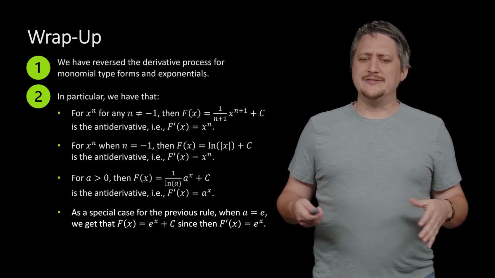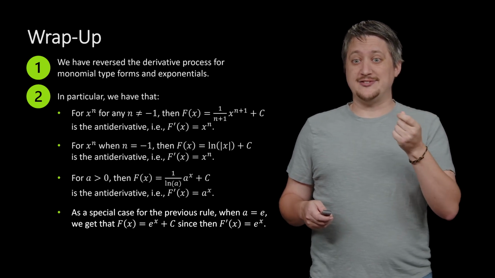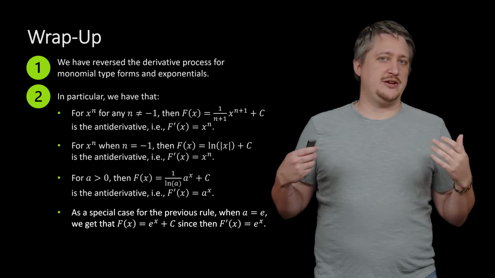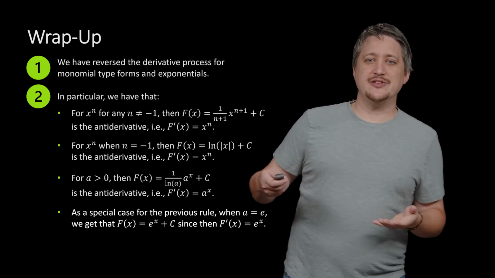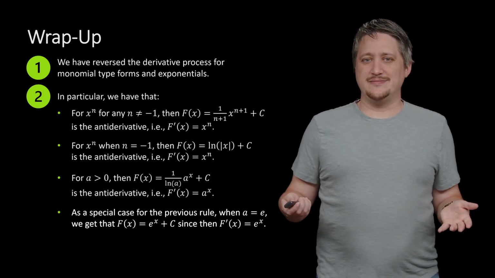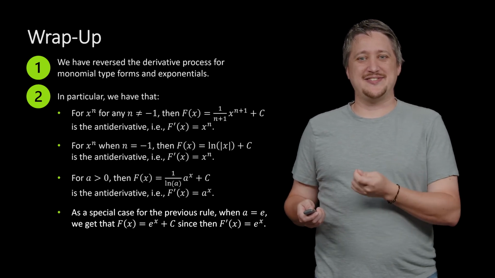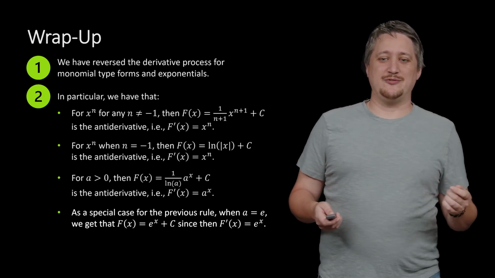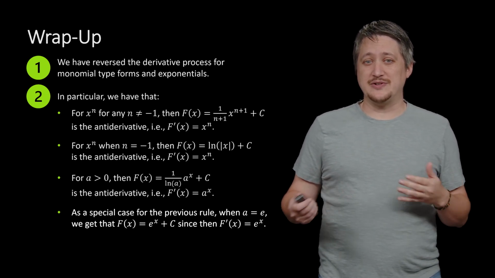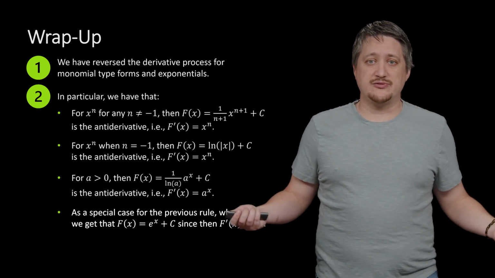And as a special case in that previous rule, when a is e, when the base is e, then we are trying to reverse the process of e to the x, but remember, e to the x doesn't do anything when it takes the derivative. That's that thing where the derivative is itself, but that means the antiderivative is itself-ish, right? We still need that plus c because it could have had some constant attached to it, but otherwise it's just the same thing.